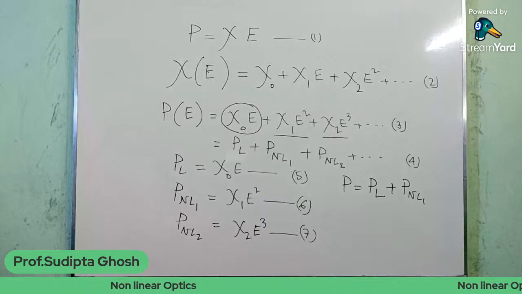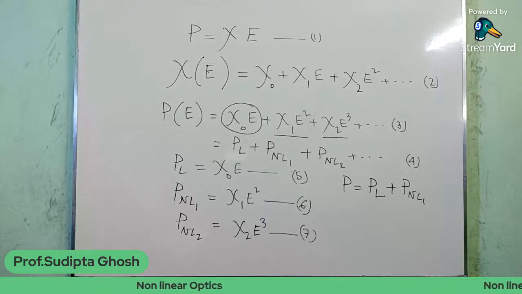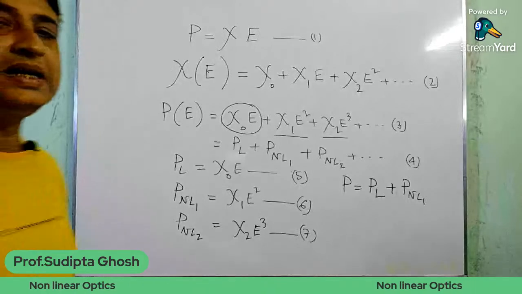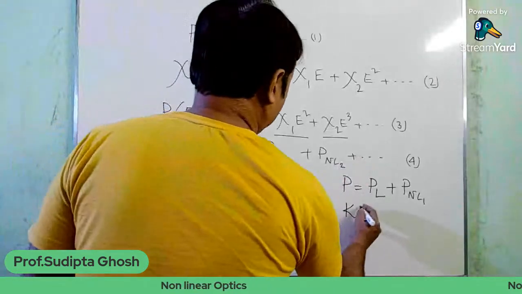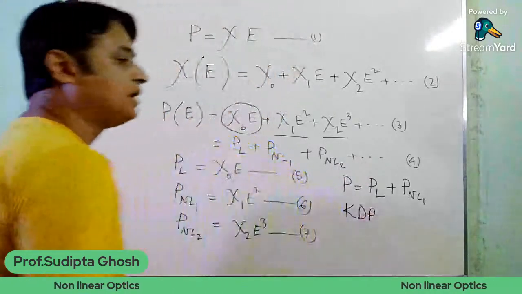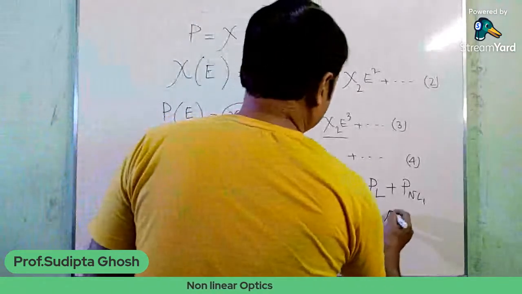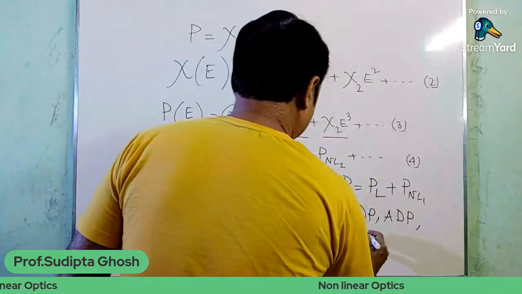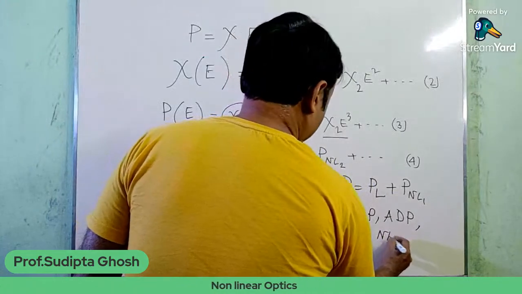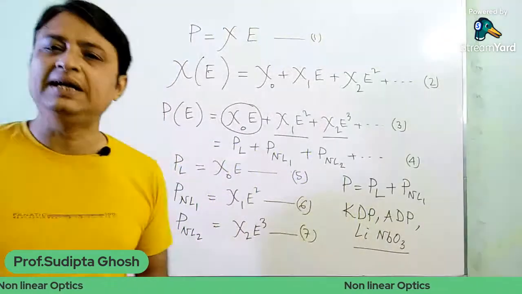CDA, lithium niobate, LiNbO3. These are some examples of non-linear materials.